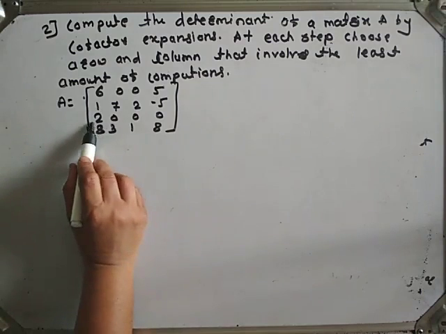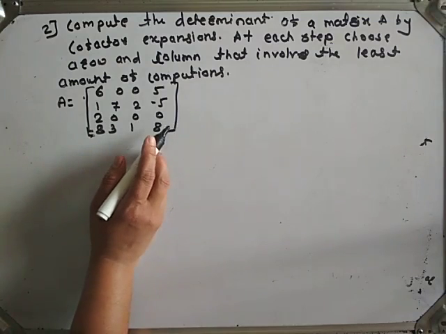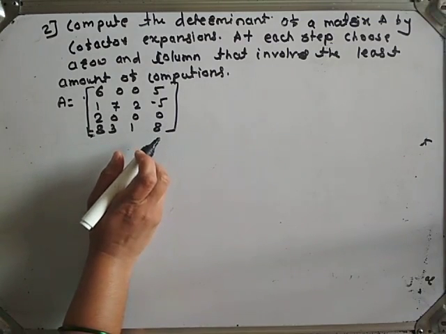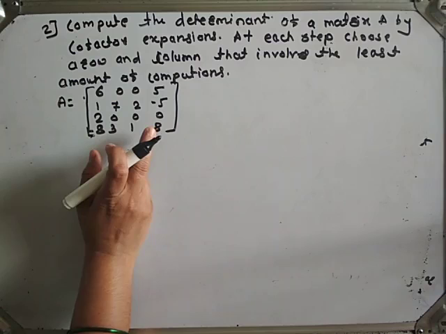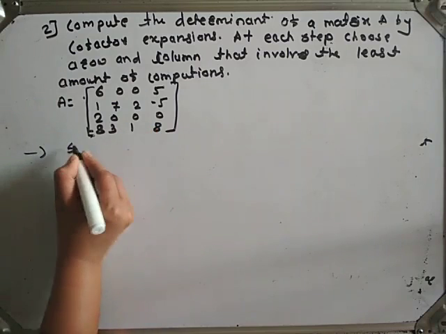Here there are more zeros in the third row, so we find determinant of A by cofactor expansion across the third row. Solution.